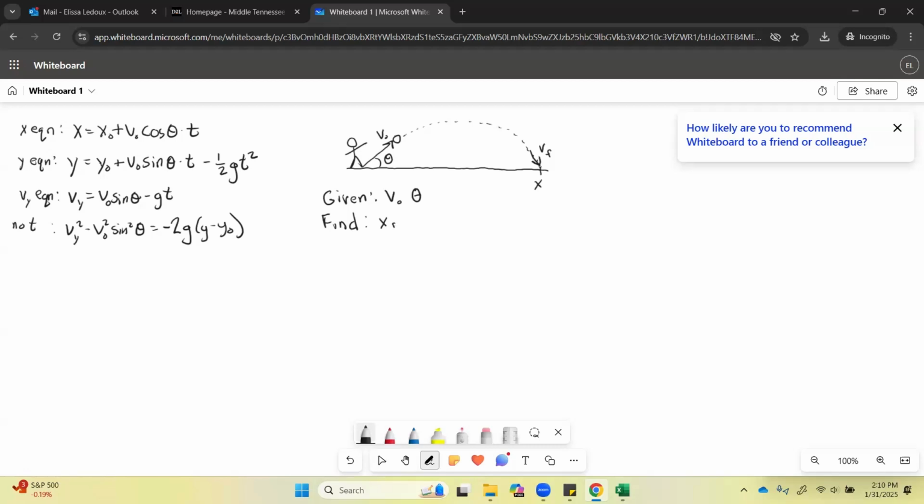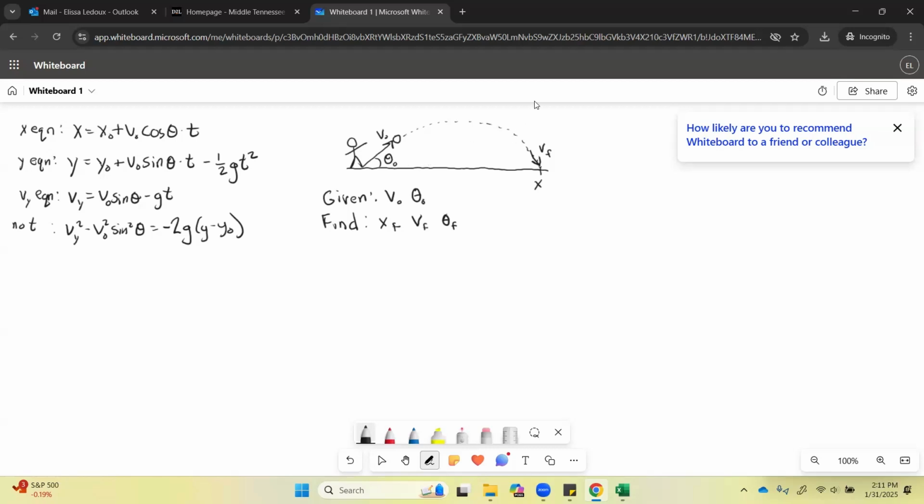We'll say X final. The final velocity, V final. The final angle, say theta final. This here is theta initial.